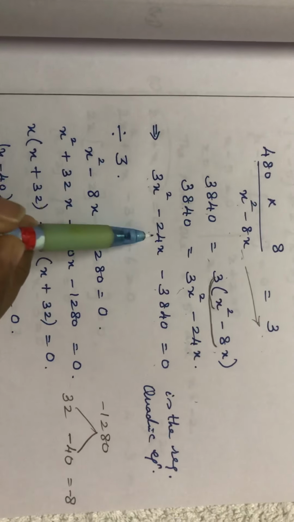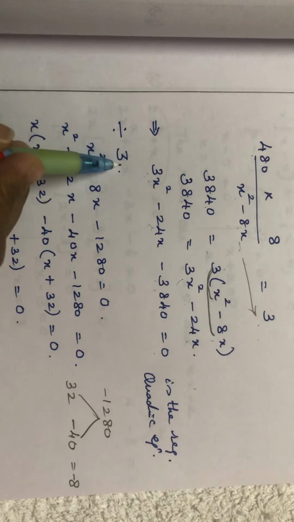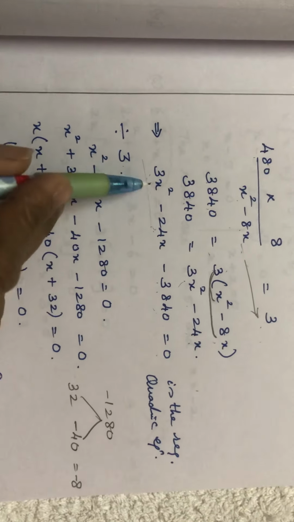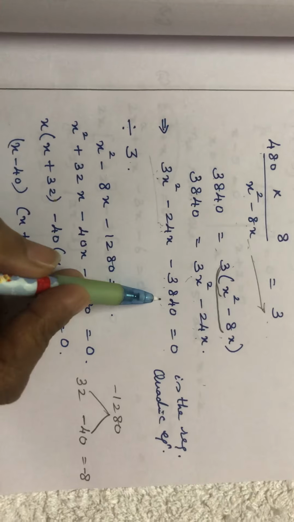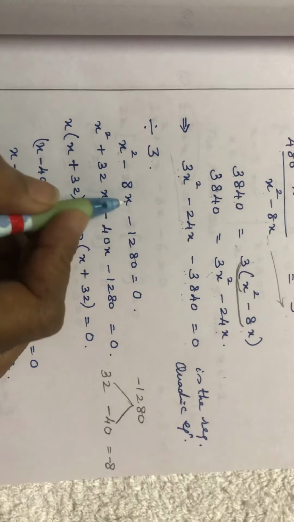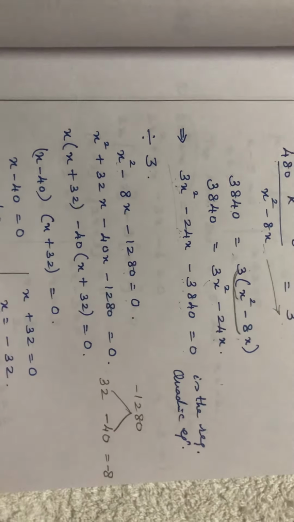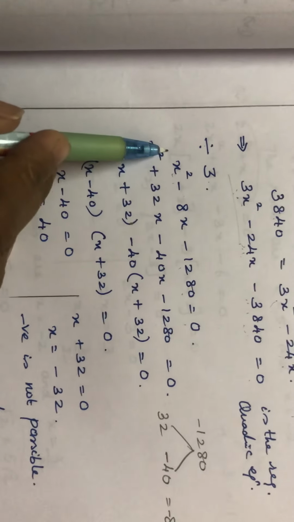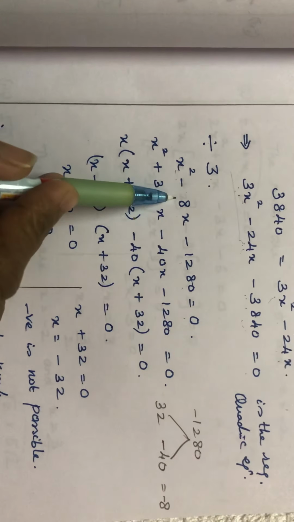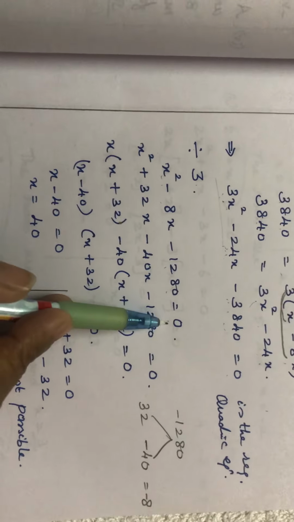Now this equation is nothing but multiples of 3. So we can divide by common factor 3 in all these, x square, x and constant term. When we are dividing and simplifying we will get x square minus 8x minus 1280 equal to 0. Here coefficient of x square is 1, coefficient of x is minus 8, constant term is minus 1280.